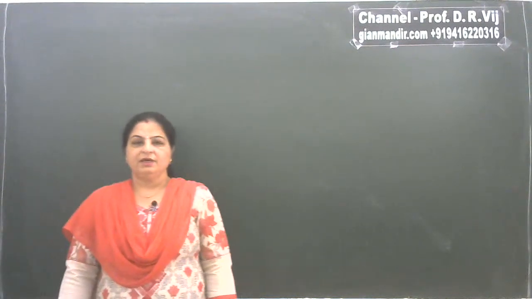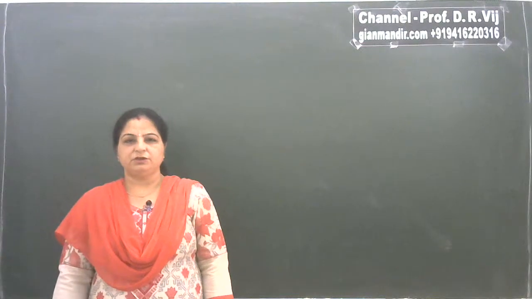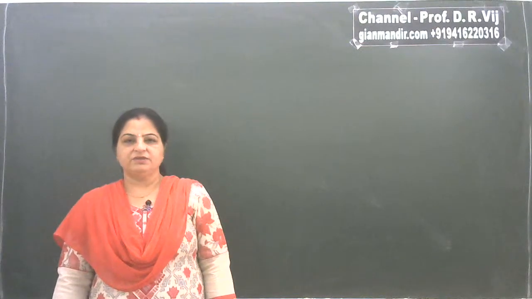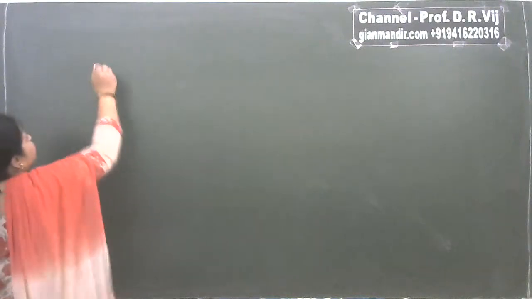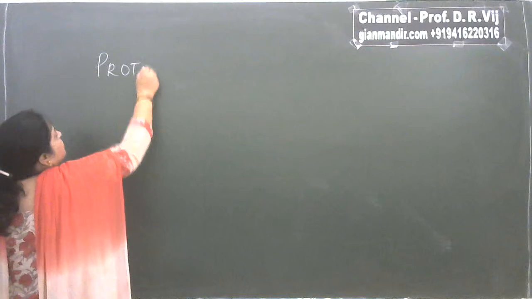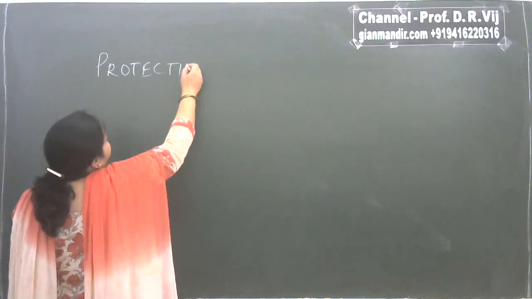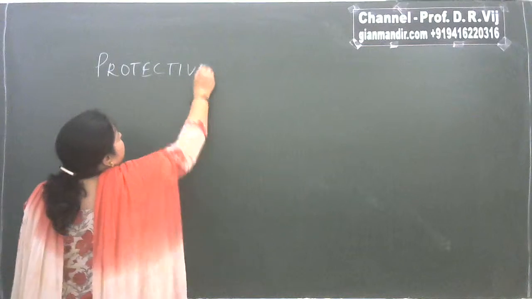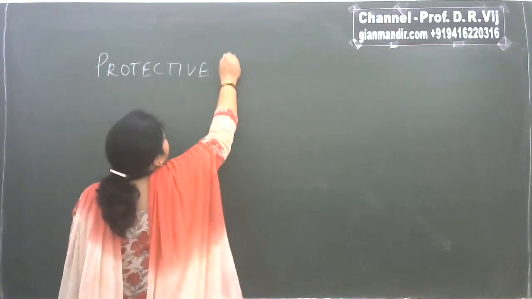Hello dear students, in continuation with the discussion about simple permanent tissue, today we'll discuss the other type of simple permanent tissues, and these, as you know, are the protective tissues. As we have already discussed, in plants there are two types of tissues, simple permanent tissues and complex permanent tissues.